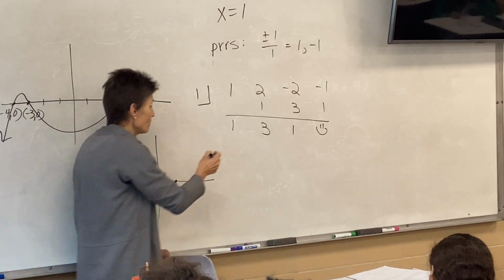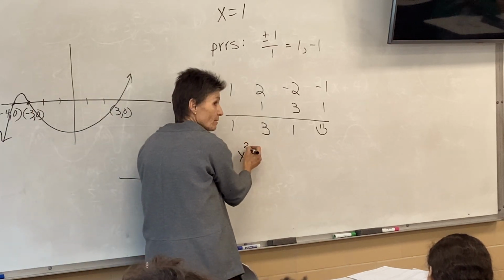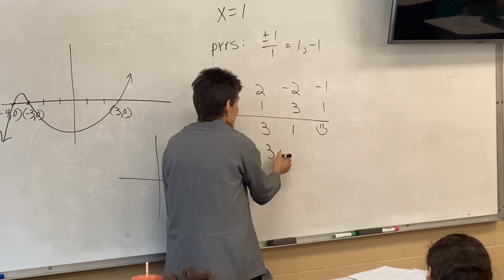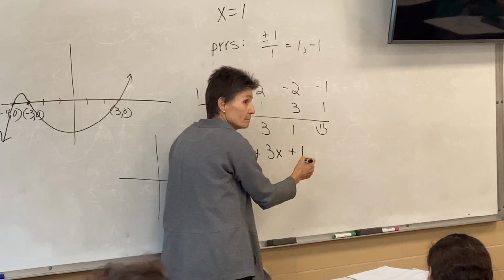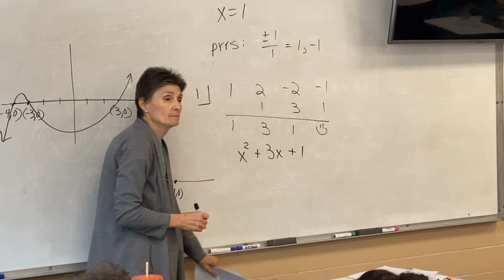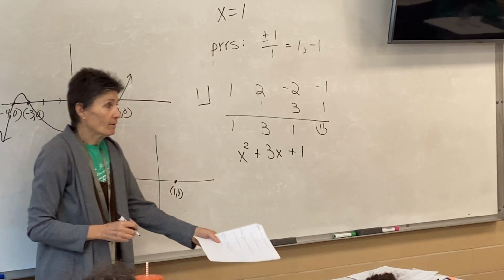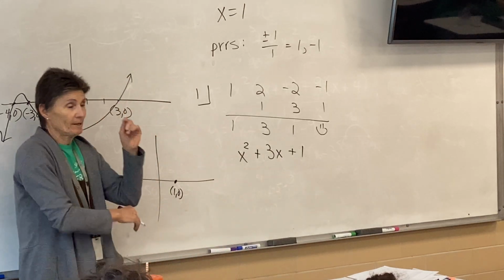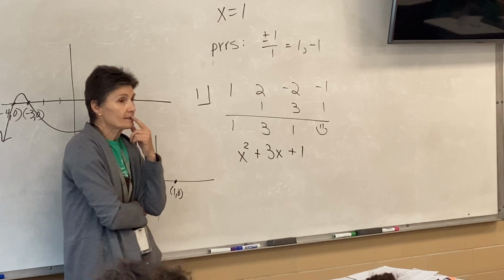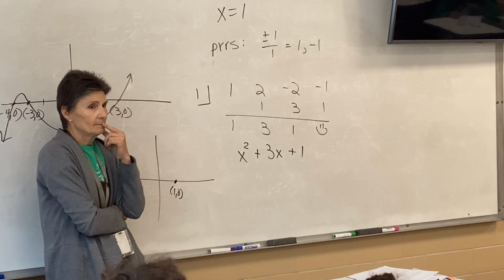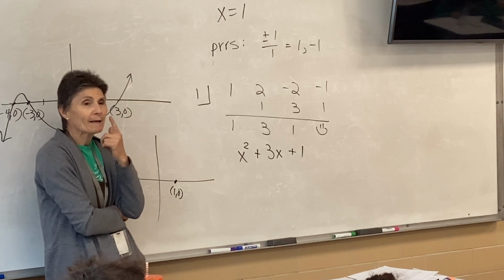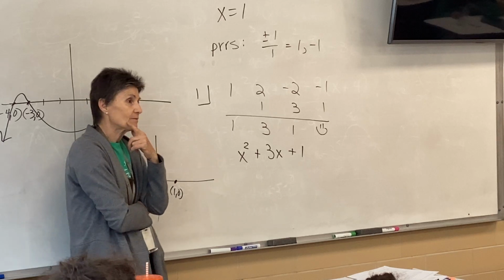They're going to come from this, which is x squared plus 3x plus 1. As soon as I did that division, Joseph L. said, ooh. Because why? That doesn't factor.